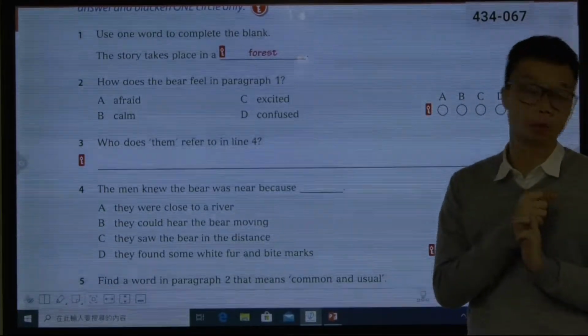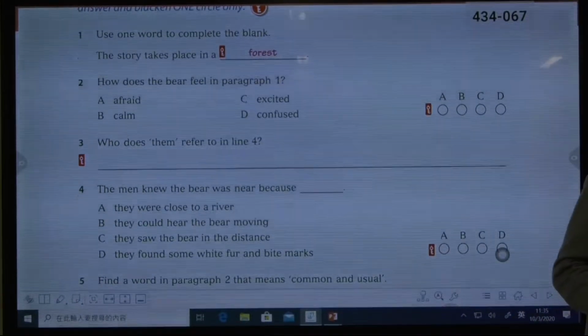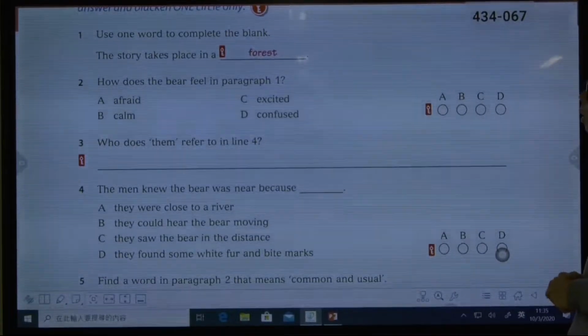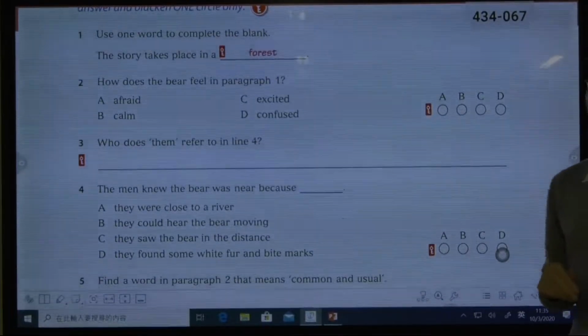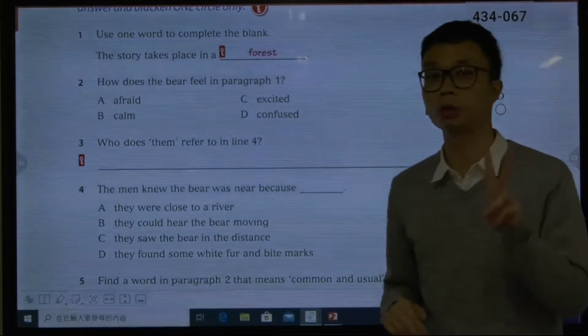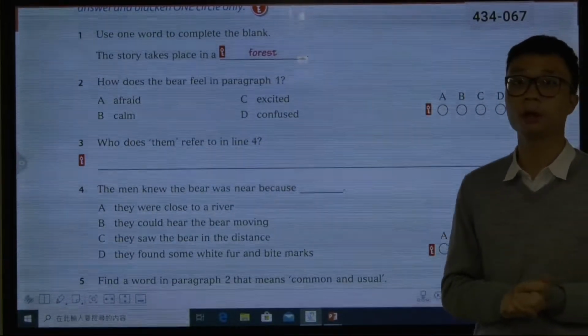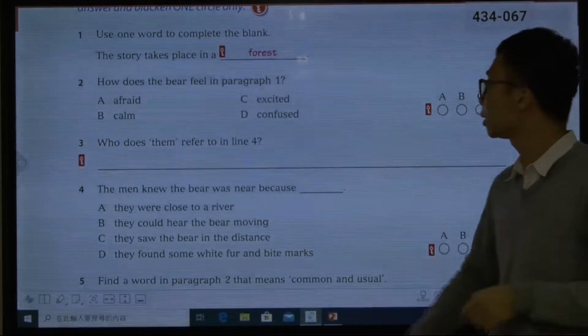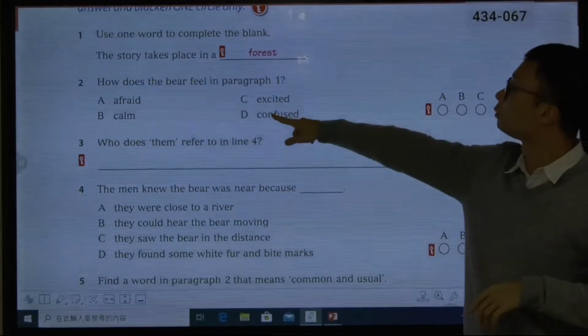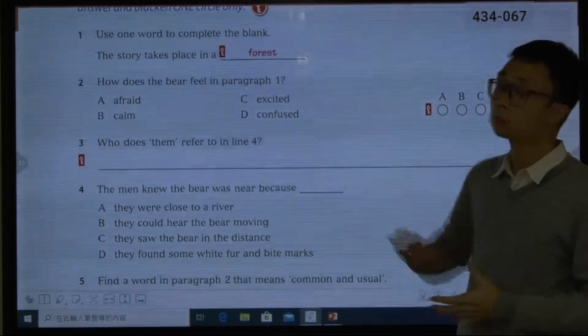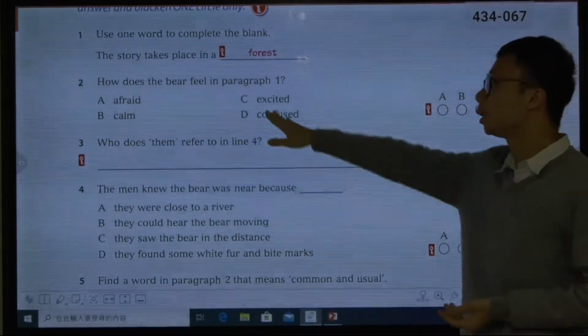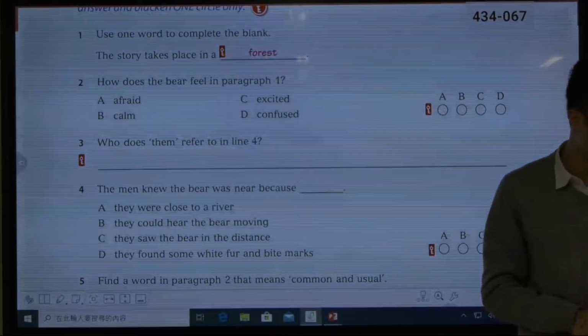It is looking for an adjective. Remember the story, with the two men approaching the bear. So what does it feel? Do you think he was afraid? Maybe. Calm? I don't think so.